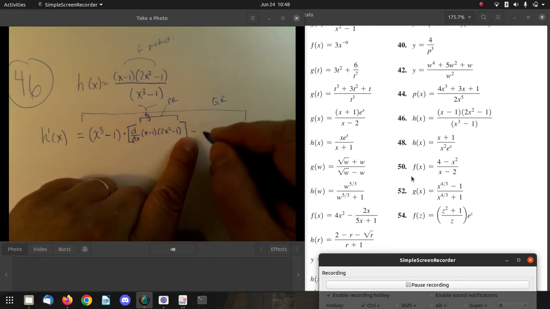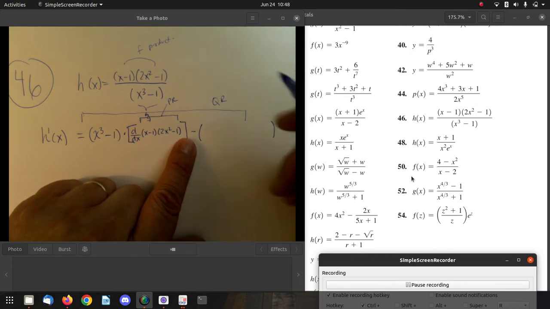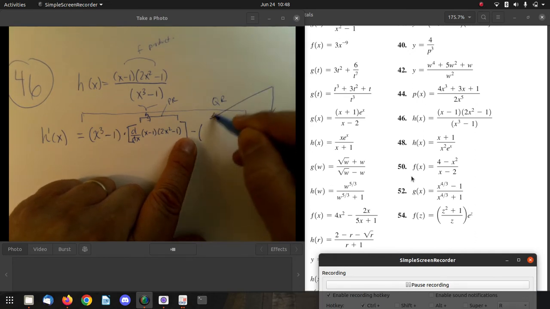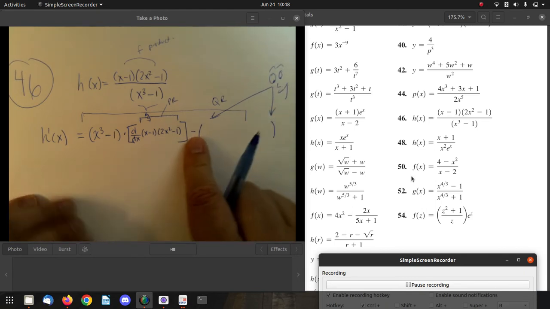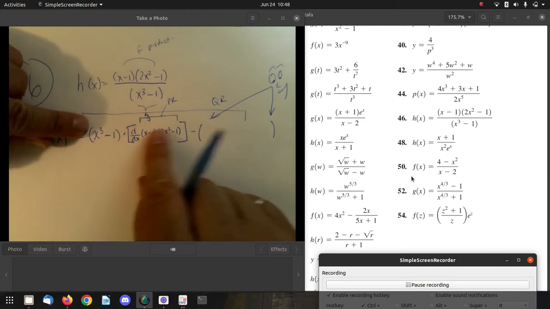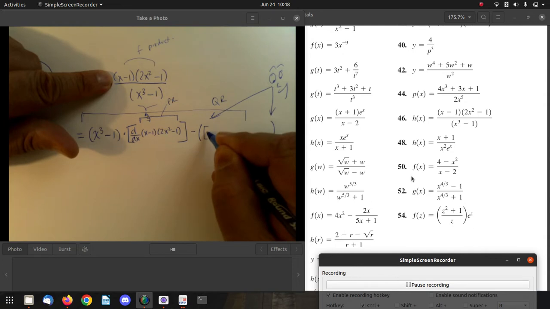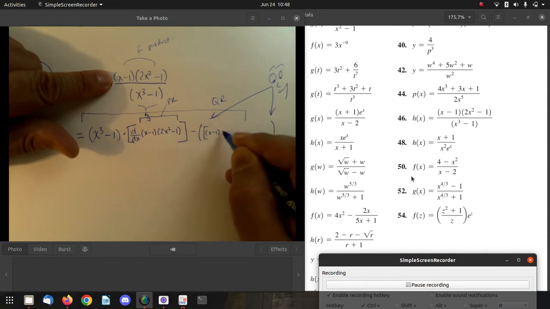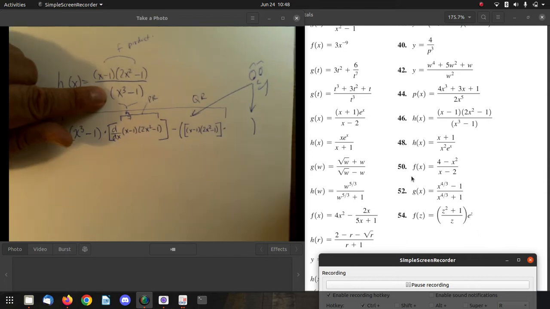Then minus numerator, okay, put some nice big parentheses here. Don't forget your parentheses. Very important. So denominator times derivative of numerator minus numerator times derivative of denominator.